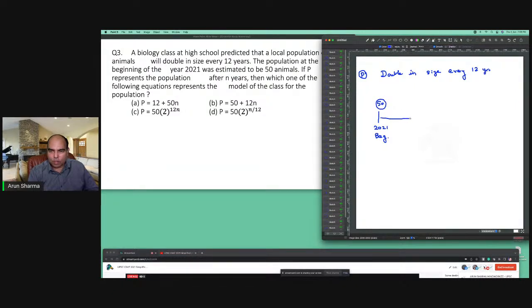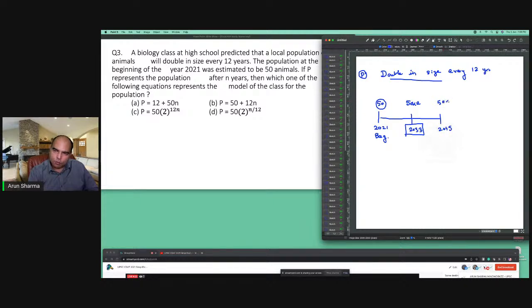After 12 years, in 2033, it should become 50 into 2. In 2045, exactly after 24 years, it will become 50 into 2 square, and so on. So the population expected in 2033 is 100. In 2045, it's 200. Once I understand this, I read the question further.